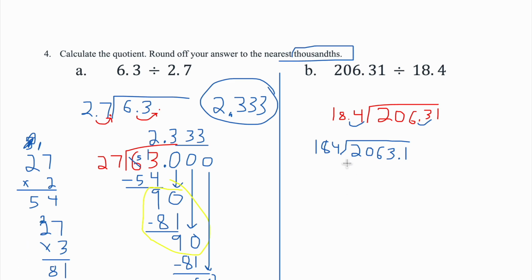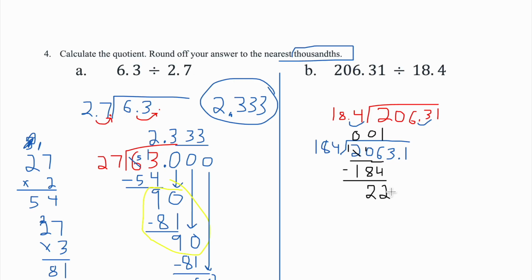All right. So 184. I don't know my multiples of 184, but I do know that it does not go into 2. So 0 times. 184 does not go into 20 because it's bigger. 184 into 206. Only one time. So 1 times 184, 184. Subtract that. 6 minus 4. Got to borrow.